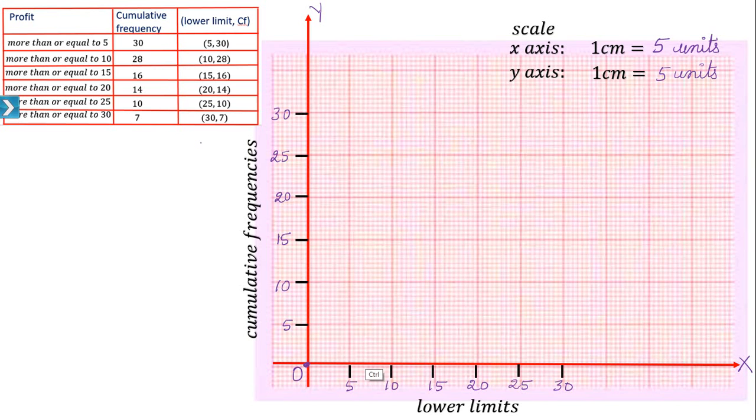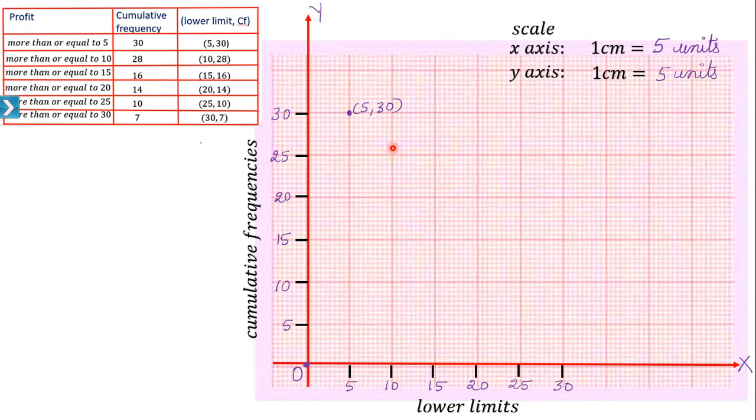Now, let us plot the points. First point is 5, 30. So, along x axis 5, along y axis 30. So, the point is here. This is 5, 30. And the next point is 10, 28. Along the x axis 10, along the y axis 28. Here we have chosen scale 1 centimeter is equal to 5 units.